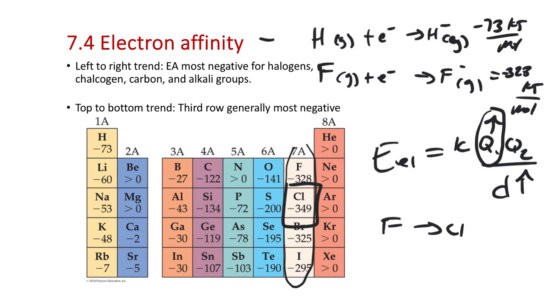I just think that's kind of interesting, how for ionization energy we have the same problem, but the size trend won out. And here for F to Cl, the increase in effective charge trend wins out. But then for bromine to iodine, we end up following the size trend. So the second row, well, I guess it's the third row, the second P block, the 3P subshell, has the most negative energies for most cases.